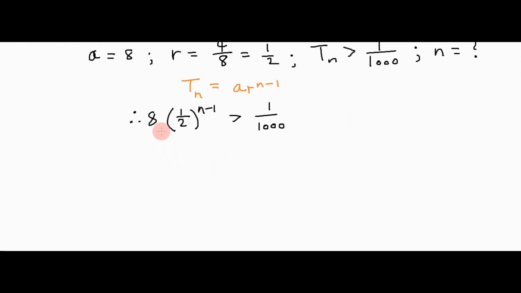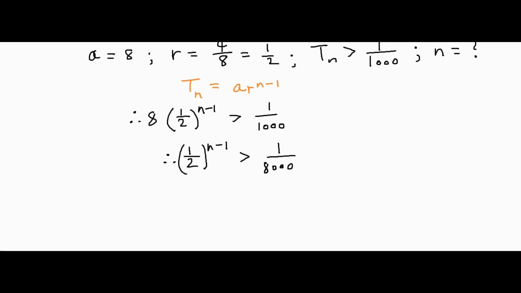We can simplify by first getting rid of the 8 here. We can divide the 8 into the right-hand side. And on the right-hand side, we'll get 1 over 8,000.